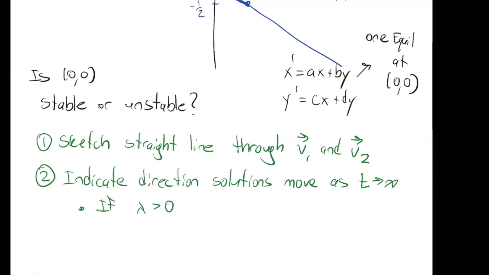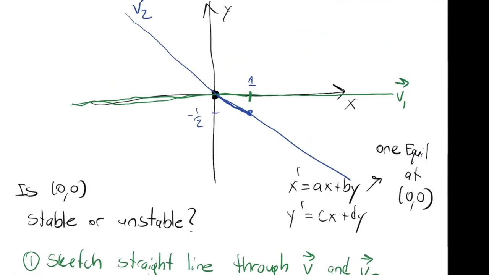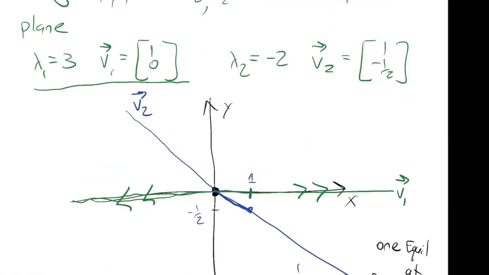If the eigenvalue is positive, that means the exponential power is positive, and so as t goes to infinity, that is going to increase. And so when we have positive eigenvalues, we move away from the origin. And that's the case with the green line over here, since it corresponds to a positive eigenvalue.